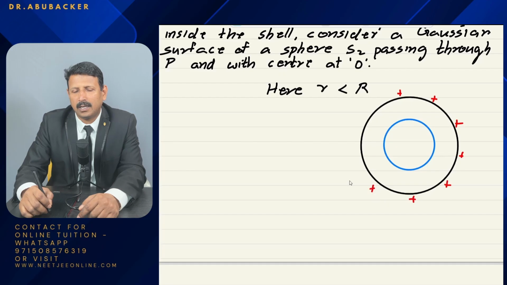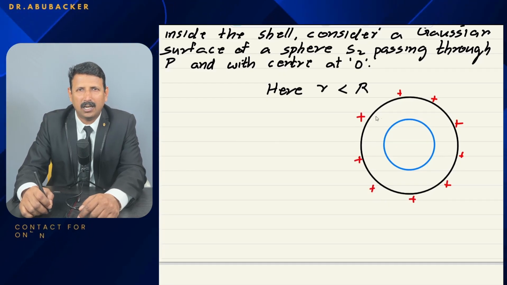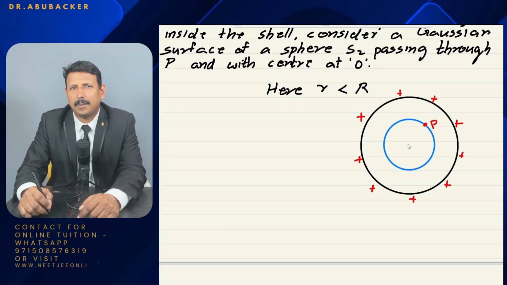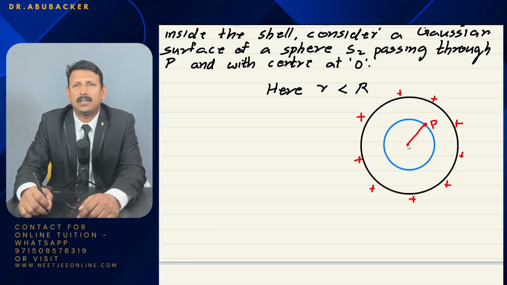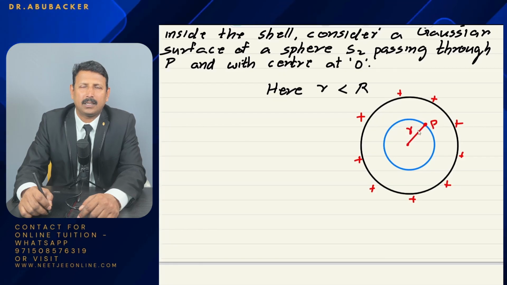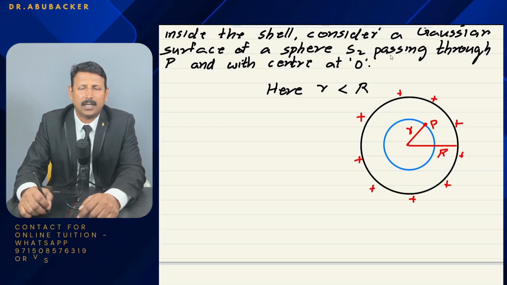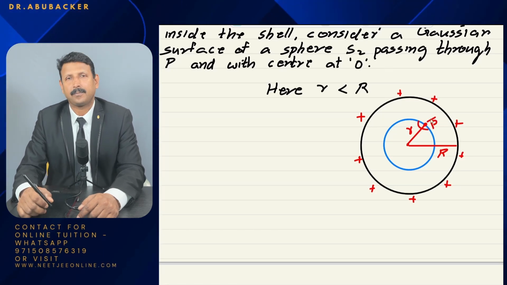The charge is spread around the original shell of radius capital R. The original shell radius is capital R, and the charge is spread over that. The imaginary one is the point P touching the sphere of radius small r. So in the diagram, I labeled small r and also capital R.